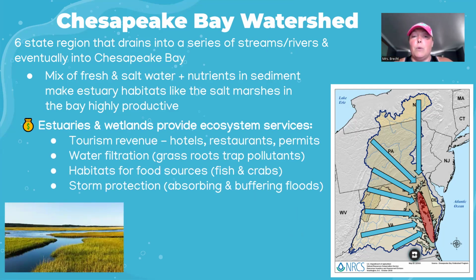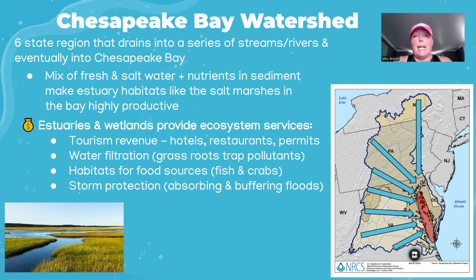So estuaries and wetlands can provide lots of ecosystem services. And we're going to talk about ecosystem services a little bit later in the year. Some of those services are tourism revenue. So people want to go fish on the bay. Water filtration. Wetlands are going to trap pollutants and reduce the amount of pollutants that are getting into the water.